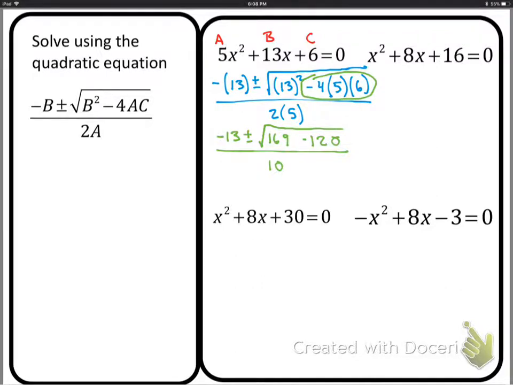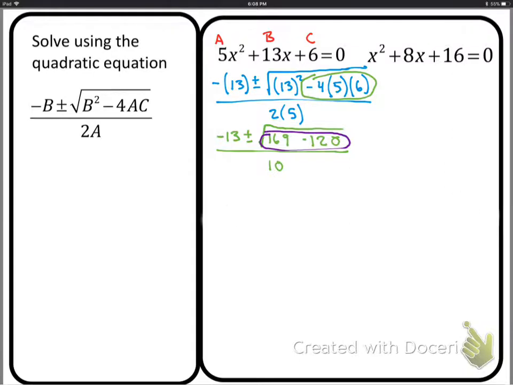So I'm going to again simplify the discriminant further. So this is negative 13 plus or minus square root of 169 minus 120, which gives me positive 149. So notice there we have a positive discriminant, so we should have two x-intercepts. Dang it.